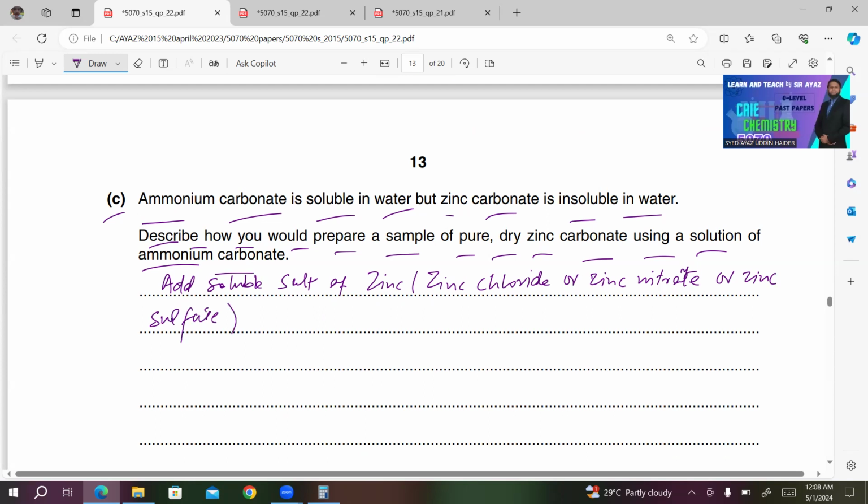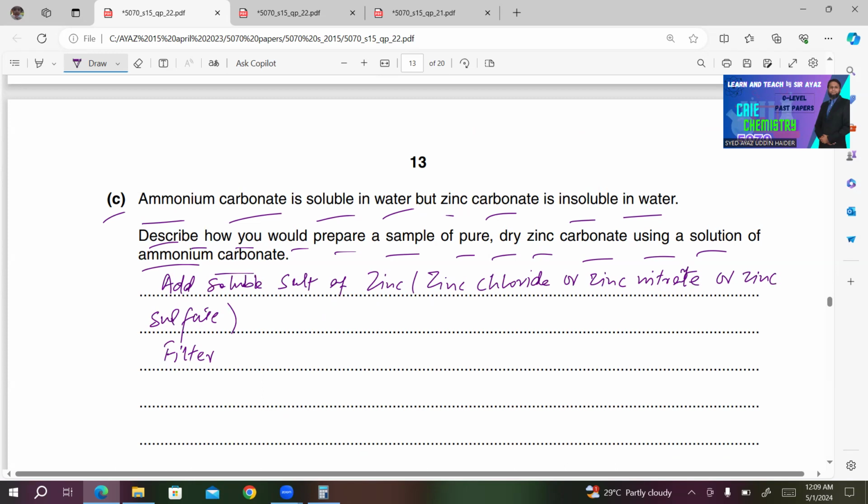Then in the next step, what do you have to do? You must have one of the reactants in excess. Then you have to filter. The salt produced, zinc carbonate, is not soluble.